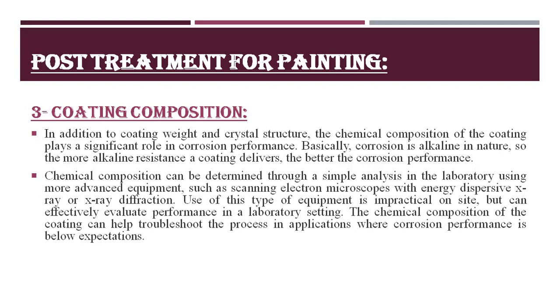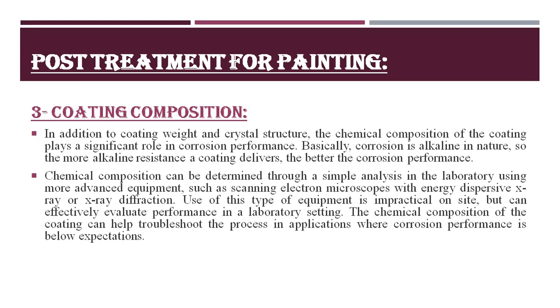Third is coating composition. In addition to coating weight and crystal structure, the chemical composition of coating plays a significant role in corrosion performance. Basically, corrosion is alkaline in nature. So the more alkaline resistance a coating delivers, the better the corrosion performance.